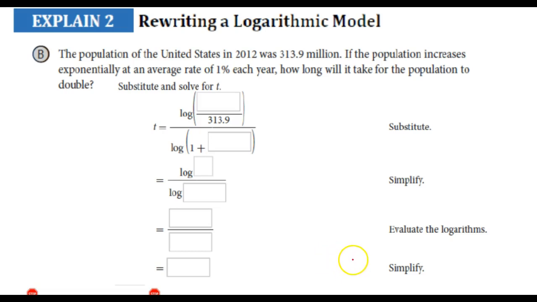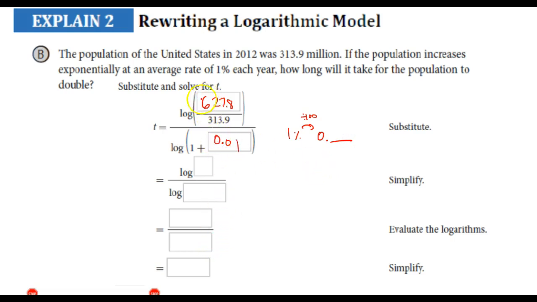Let's go ahead and put in our values, 627.8, and our rate, which was about 1%, which I don't think we changed to a decimal, did we? If you haven't already, do that now. That would be about 0.01.